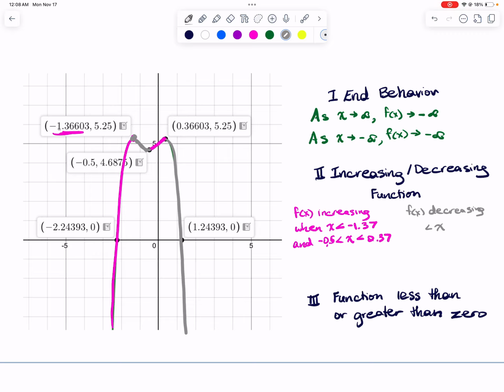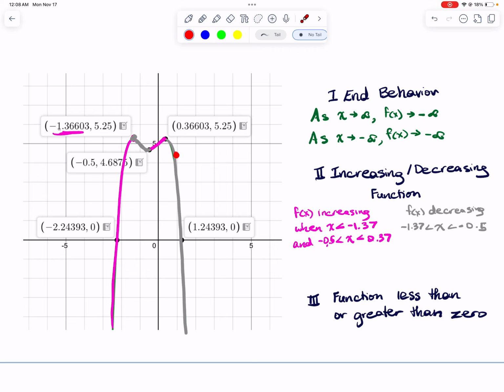So again, we put that, negative 1.37 and negative 0.5. All right, so making sure you see that, that's negative 0.5, that's negative 1.37, and it's decreasing in between.